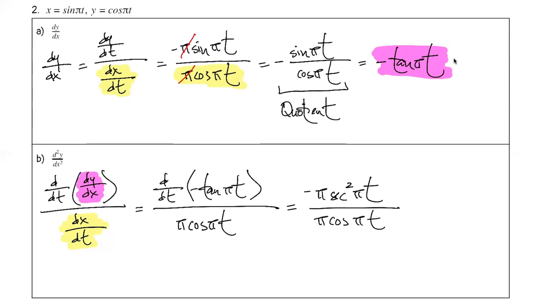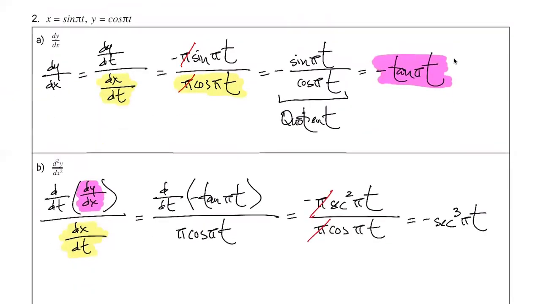Now, since I'm not finding a third derivative, I could leave it here, but I think in this case it's probably just as straightforward to reduce those pi's away to a 1. And because 1 over cosine is secant, I might even go as far as to say this is negative secant cubed pi t. Okay.